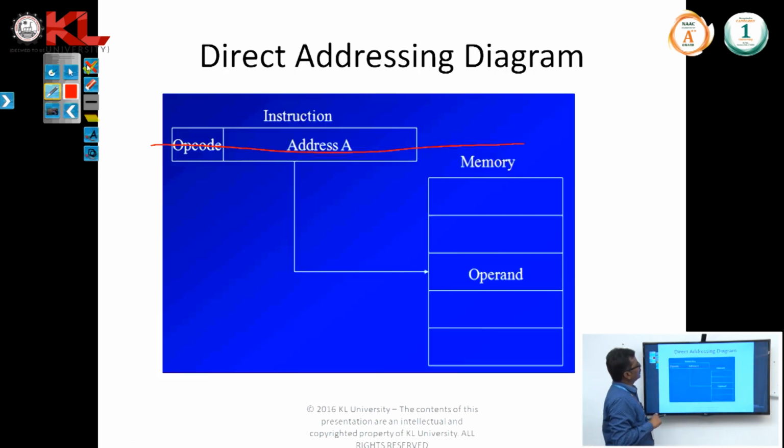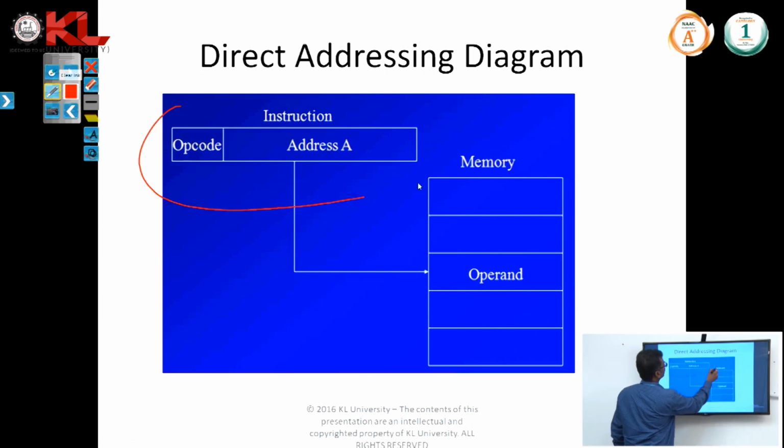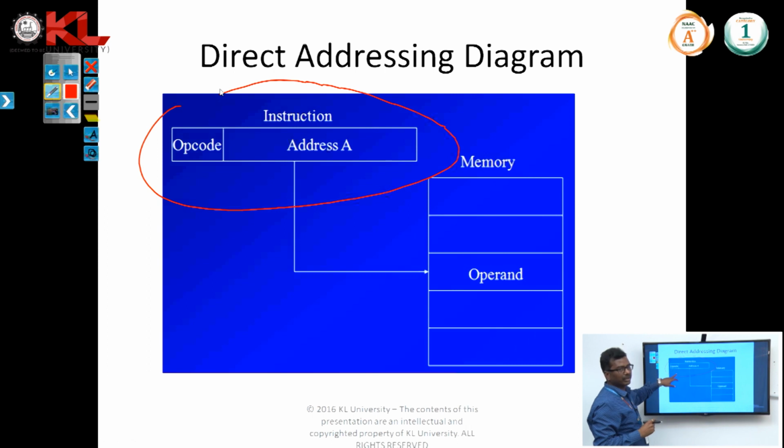If you look at this diagram, this is the instruction format, as we all know, which consists of two fields, the opcode field and the address field. In immediate addressing mode, we have seen the operand is directly present in the address field.